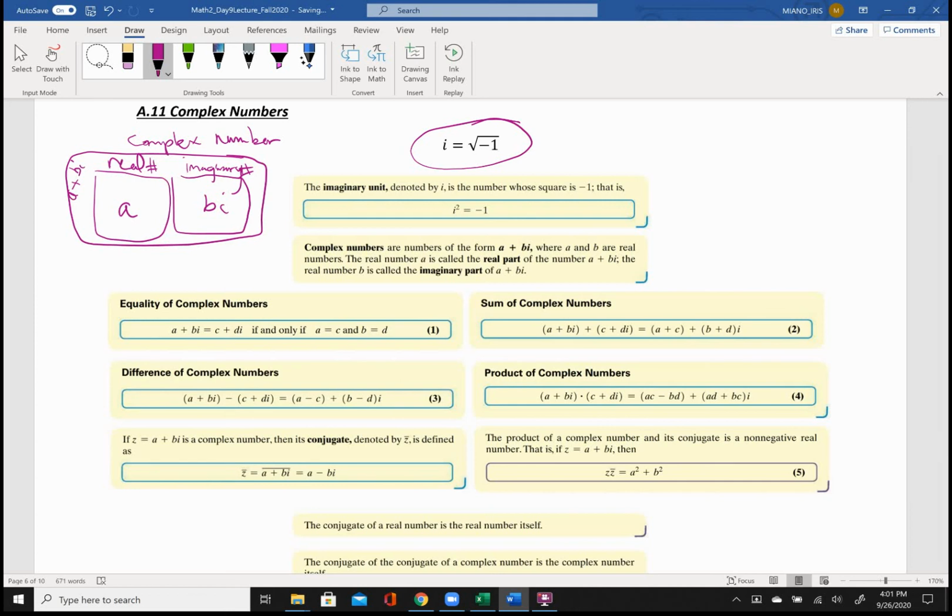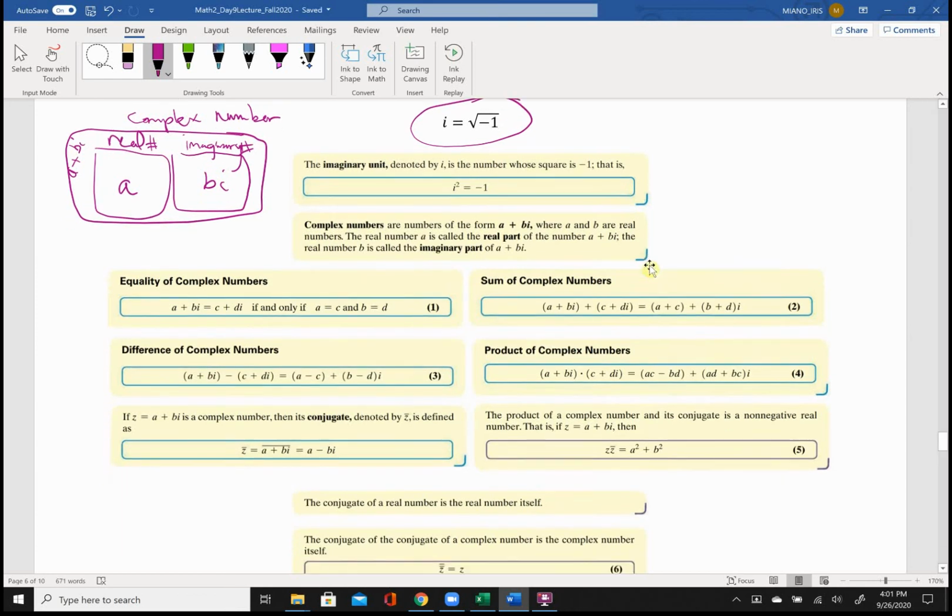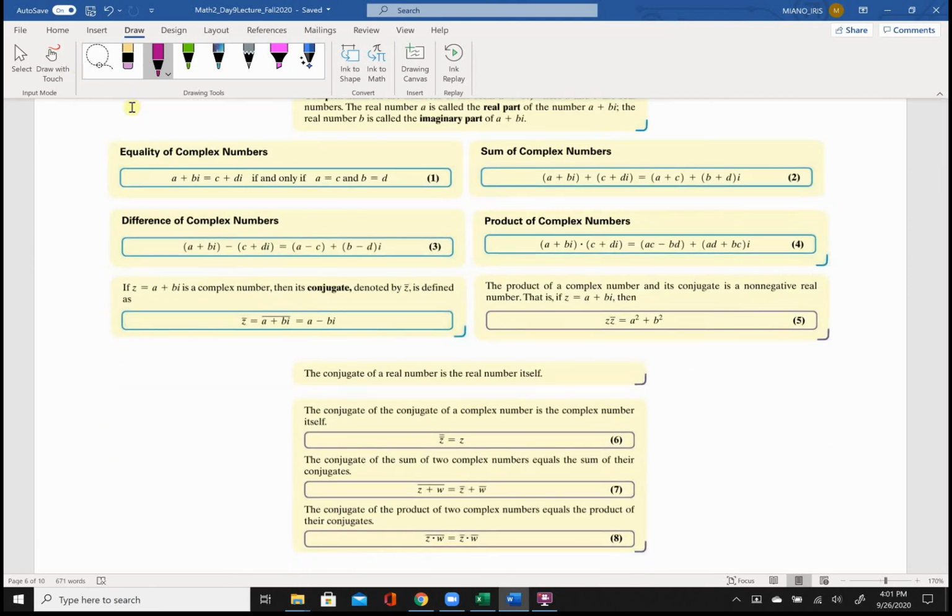It wasn't initially defined this way. Their initial definition of the imaginary unit is only as i squared being equal to -1. But if you want to have i as a singleton, a single factor, then it's defined as the square root of -1.